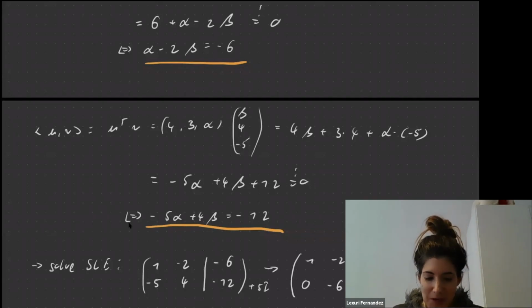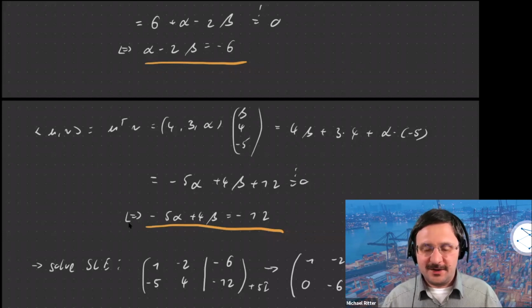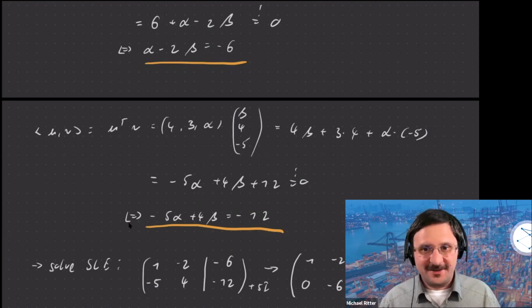Substitution would also be a possibility, but for practice, it is recommended to use Gaussian elimination. Of course, any other method is fine as well, as long as you somehow document what you're doing. You shouldn't just put the values out of thin air, at least not without proving that they are actually correct. Otherwise, as long as it's clear what you're doing and, of course, correct, then that's fine. You don't have to use Gaussian elimination, but that is my recommendation, purely for practicing.